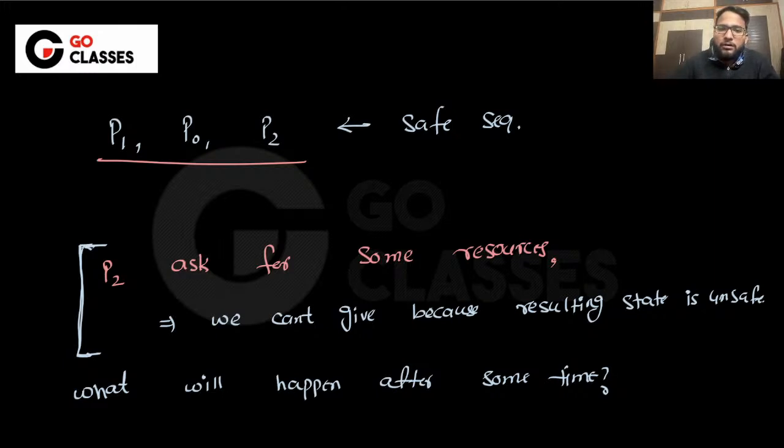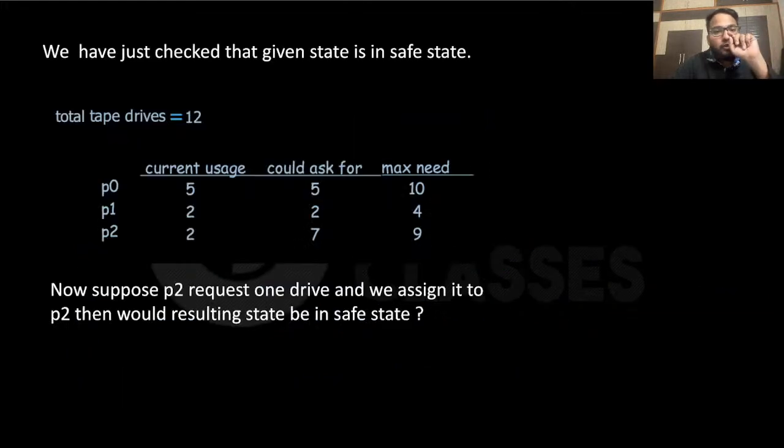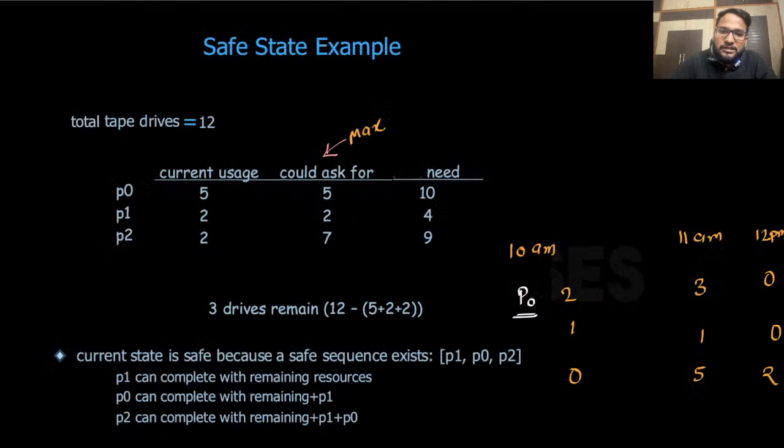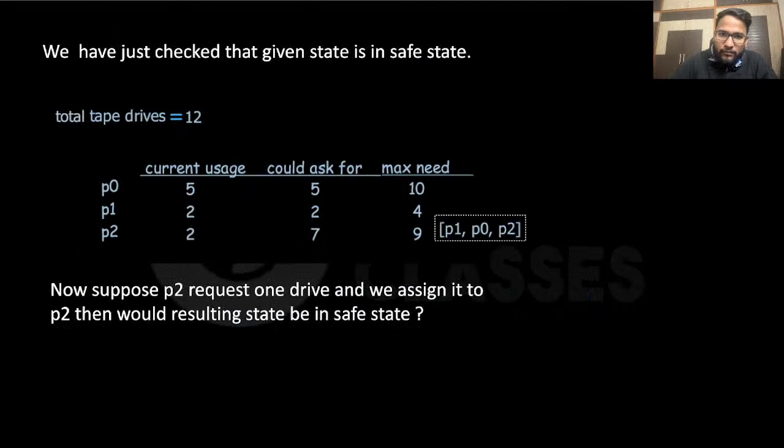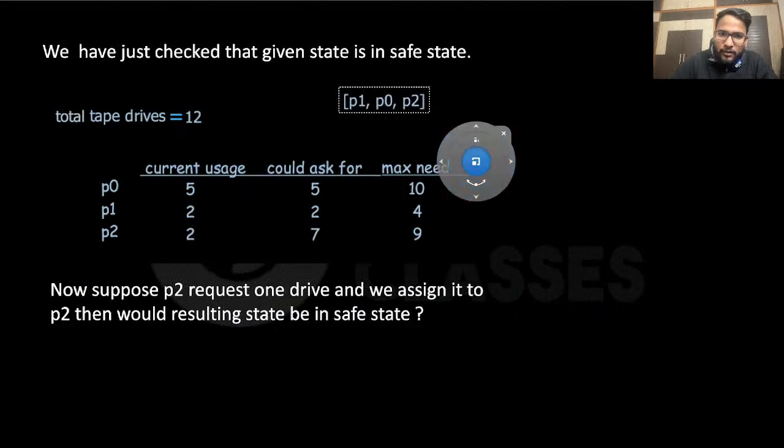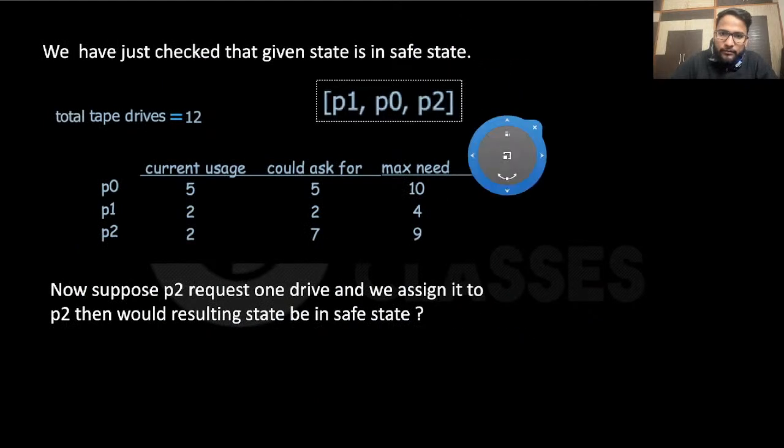Now let's do one thing. I hope you understood this. Now let's continue this particular example. We have just checked that the given state is a safe state, right? Now suppose P2 asks. See, what was that state? That state is P1, P0 and P2, right?